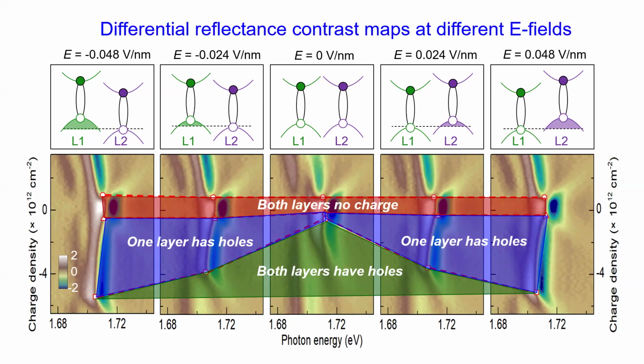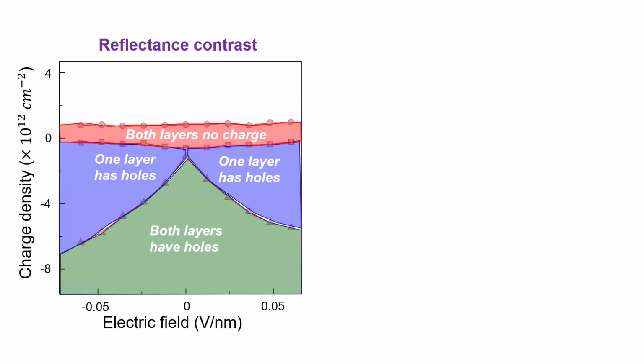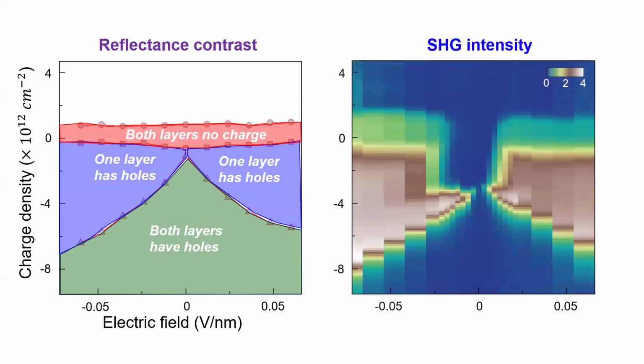So now it's very easy for us to extract the data from the reflectance contrast spectra and summarize it in this diagram. In this diagram, the y-axis is charge density and the x-axis is electric field, and different doping regimes are marked by different colors.